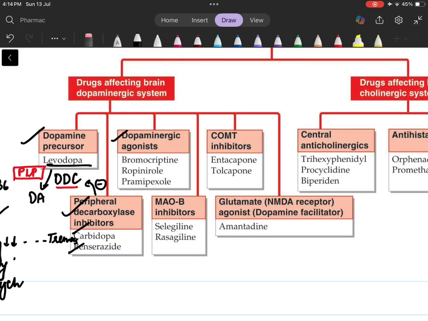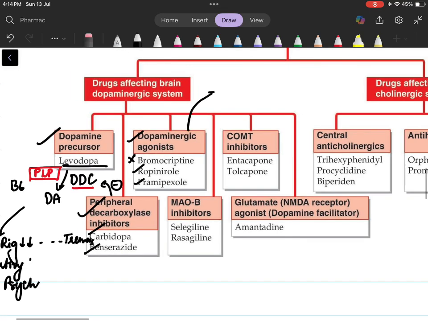Here we have bromocriptine. Again, bromocriptine is not used as such in Parkinson's because you need a huge dose to bring about antiparkinsonian effects. Mainly we have ropinirole and pramipexole. So what do we need to know about this? These drugs are supposed to slow down neuronal degeneration, and neurodegeneration is why we have Parkinson's in the first place.